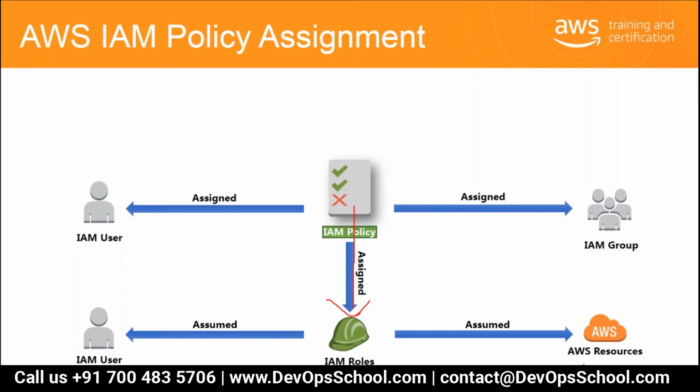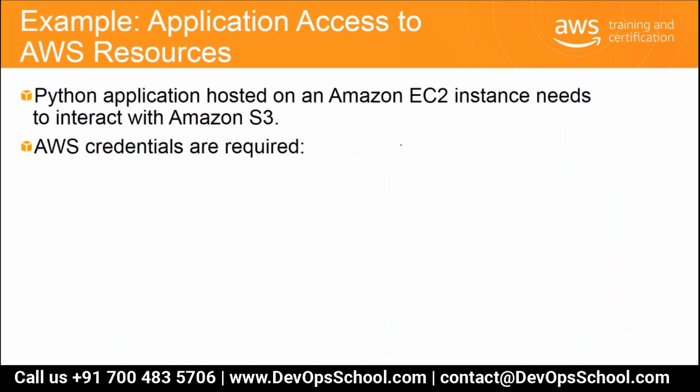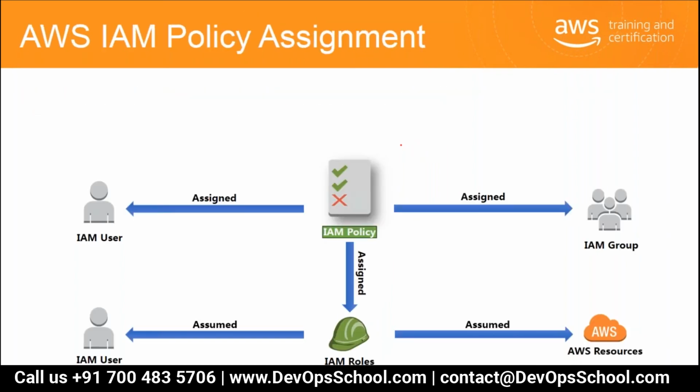So that EC2 instance can assume the role which is having the policy, and the policy says that the S3 bucket is accessible. So that S3 bucket will be accessible from that EC2 instance now? Yes, yes, yes. Okay.